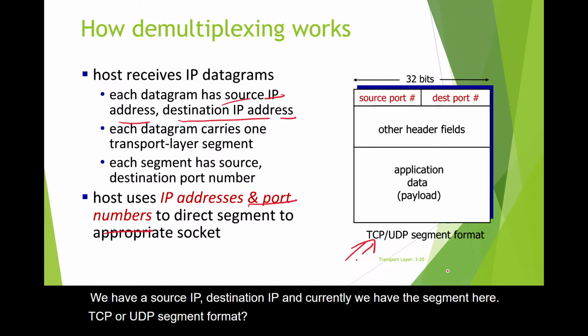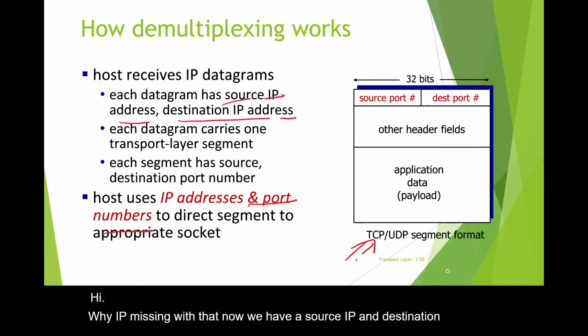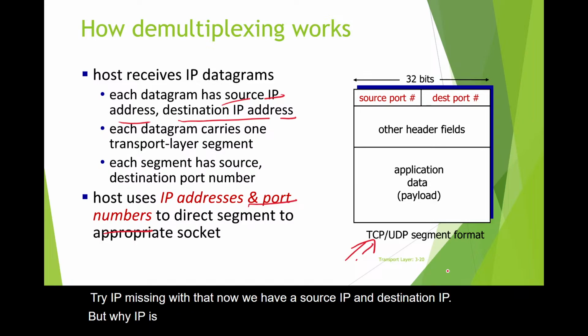We have the port number explicitly, right? But where do we have IP? It seems IP is missing. Why? We know we have a source IP and destination IP, but why is IP missing in the segment format?